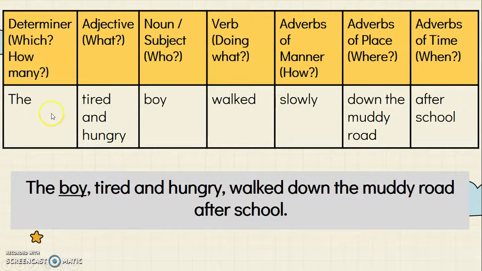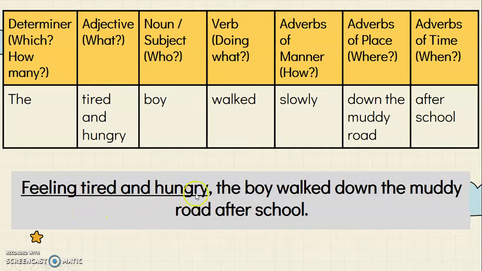For example, instead of tired and hungry, we shift the boy to the front. The boy, tired and hungry, walked down the muddy road after school. So you realize now the emphasis is no longer on tired and hungry, but the boy. And the other details will be behind. Okay, so this is the emphasis of this sentence.